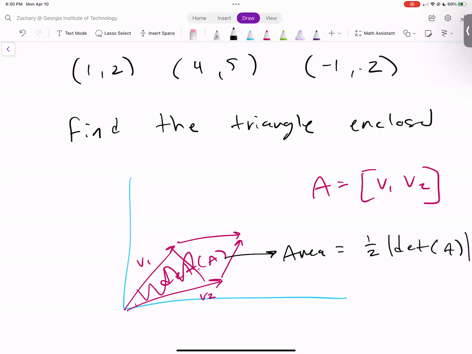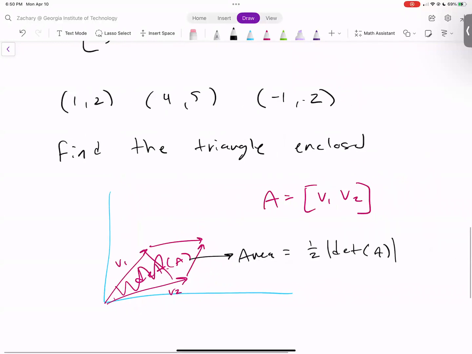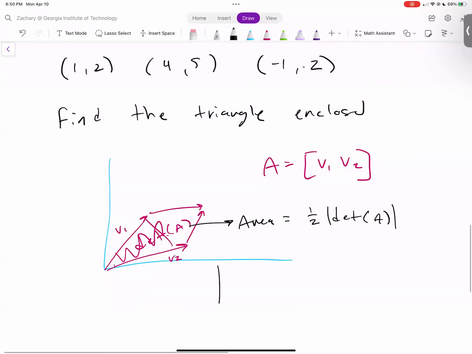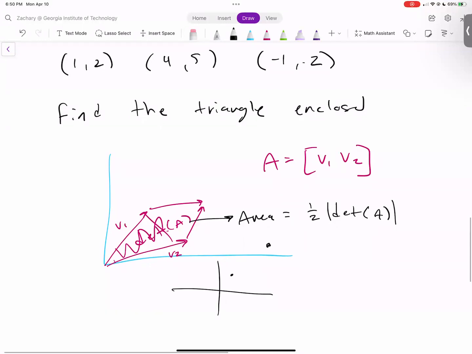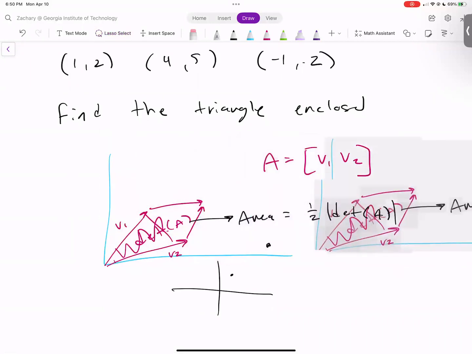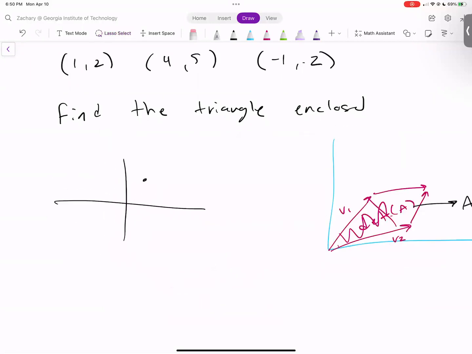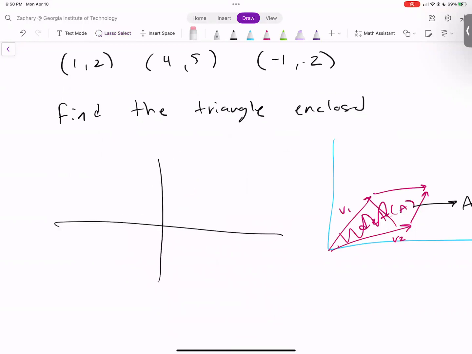Okay. So what we have for 3 given points: if I plot these, I get 1, 2, 4, 5, and -1, -2.